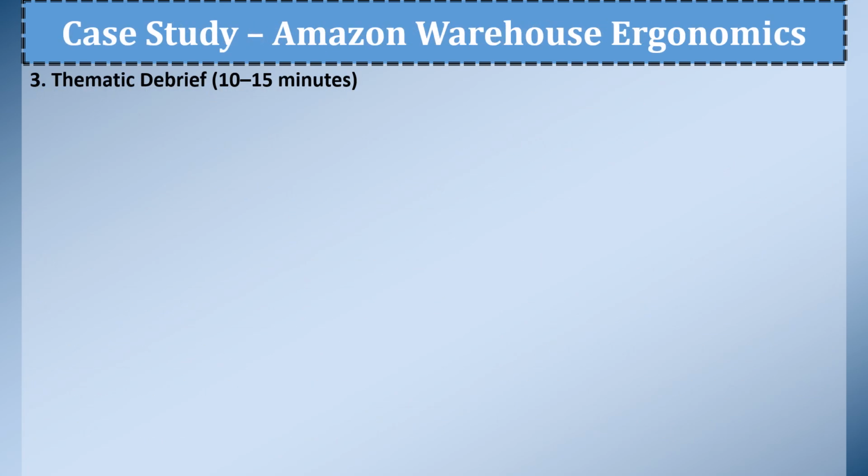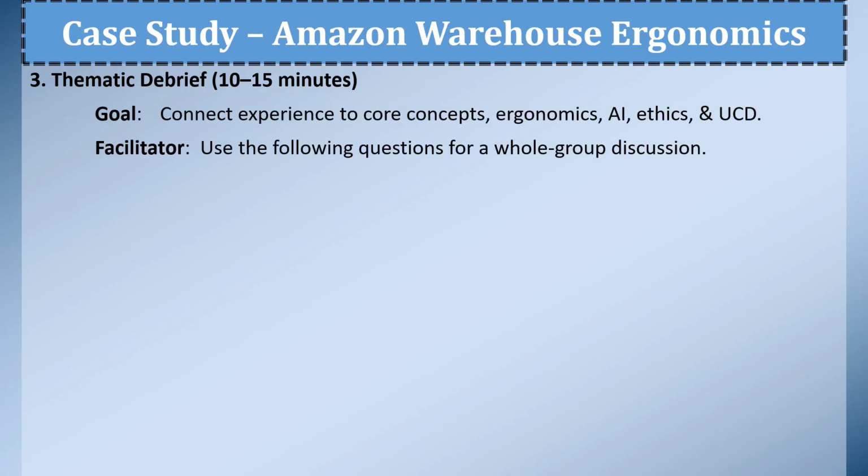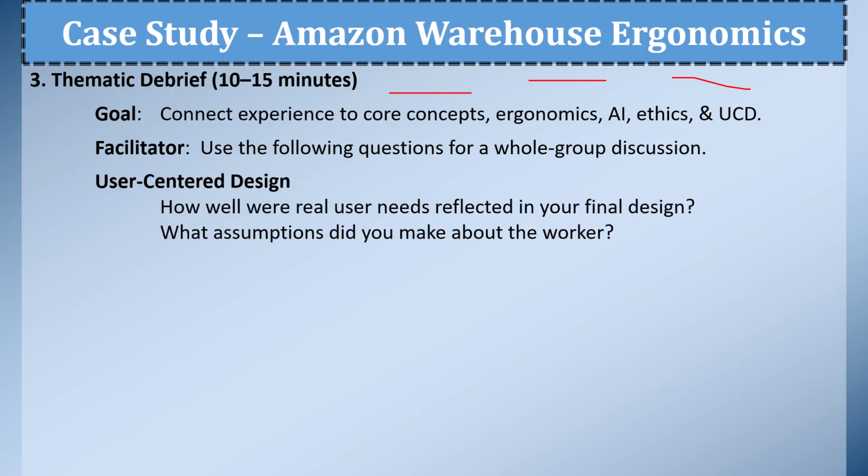So case study, now the thematic debrief. The goal is to connect experience to core concepts: ergonomics, AI, ethics, and UCD. Use the following questions with the group discussion. User-centered design: how well were real user needs reflected in your final design?